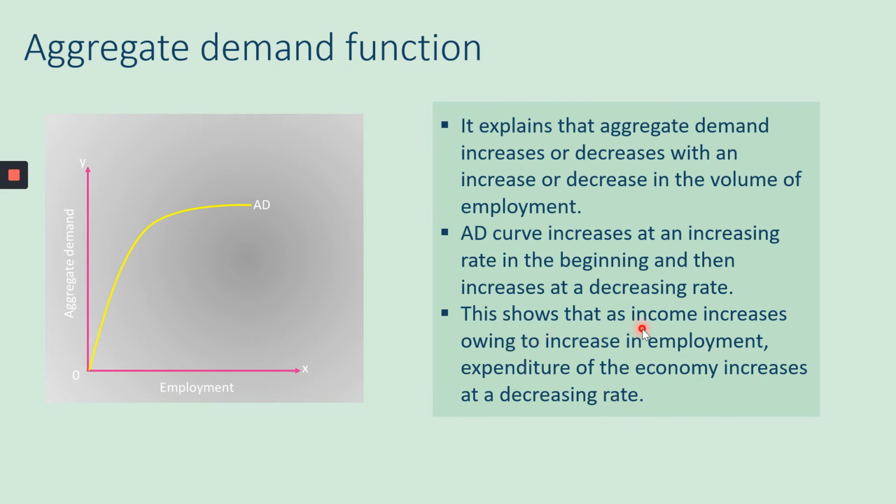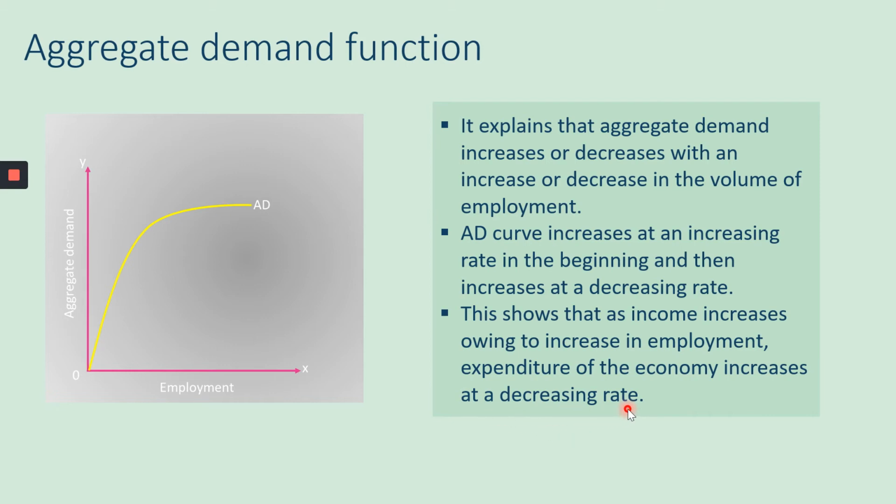This shows that as income increases, owing to increase in employment, the expenditure of the economy increases. So when there is an increase in the employment, there is an increase in the income, and there is also an increase in the expenditure, but the expenditure of the economy increases at a decreasing rate.